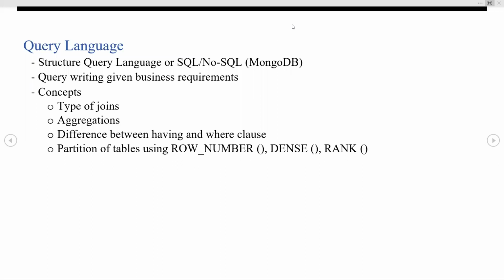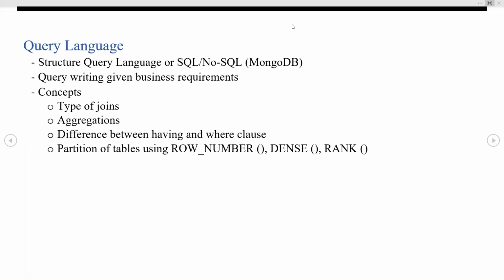When you say a query language, there are nowadays many types of query languages. Structured Query Language, or SQL, is one of the oldest and the very basic ones. Then we have the NoSQL form also, like MongoDB, which falls into NoSQL. Whether you know the SQL form or the NoSQL form, you have to know one of them.